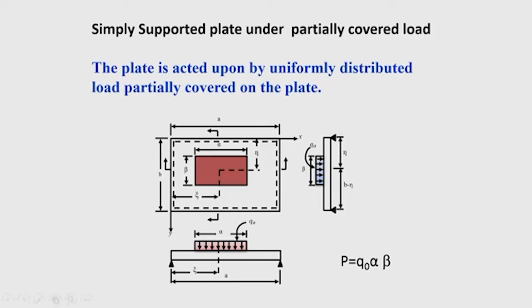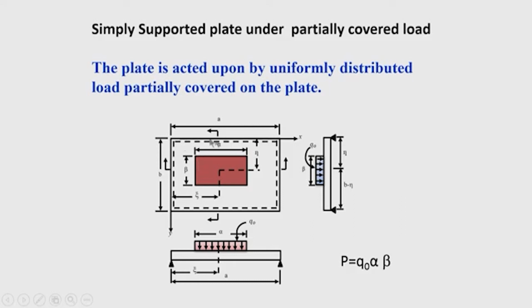Okay. So, let us recapitulate the earlier expression that we have derived. We have shown earlier a rectangular plate of length a and width b subjected to a patch loading of rectangular area, uniform intensity, and the load covers the area alpha cross beta. So, alpha is the length of the load and beta is the width of the load.